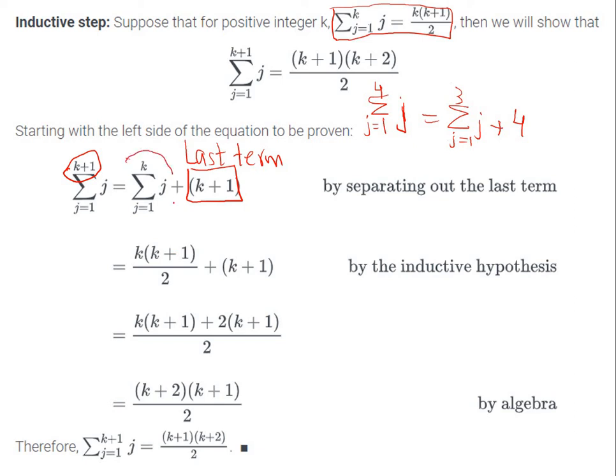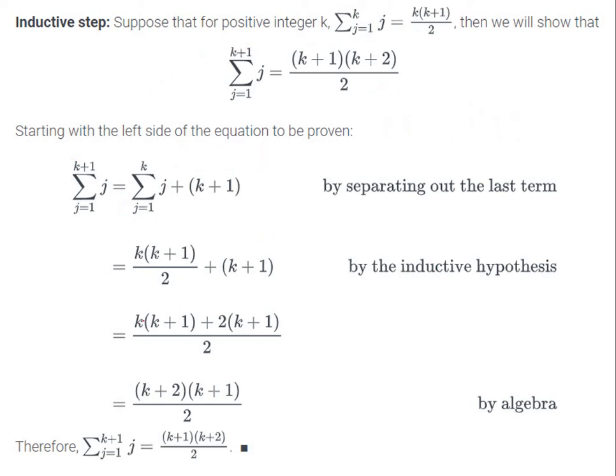Now this is where we use the inductive hypothesis. We're going to use this equation, and so when you do that, you replace the whole sum with k times k plus 1 divided by 2. And after this it's algebra. You can always use Khan Academy and other sources to review factorization.